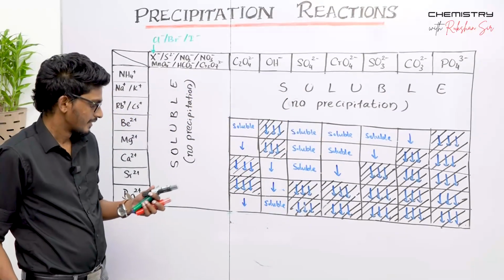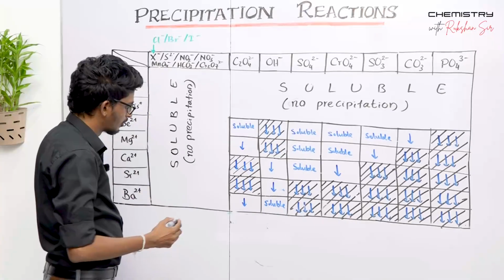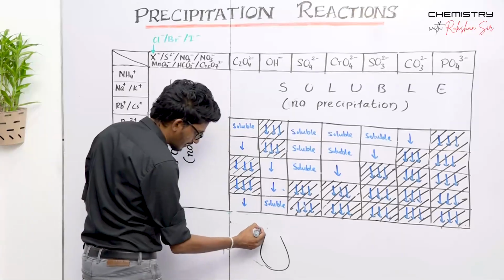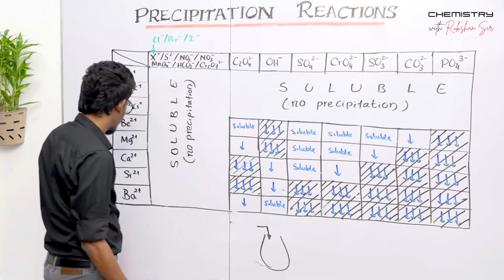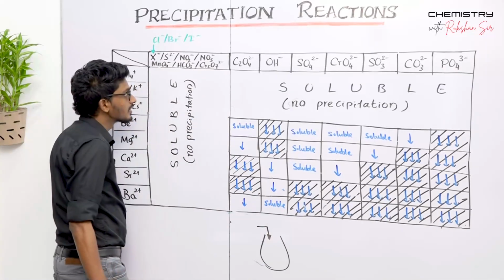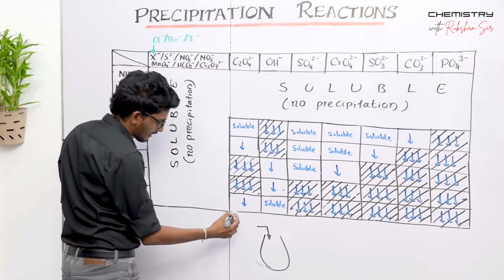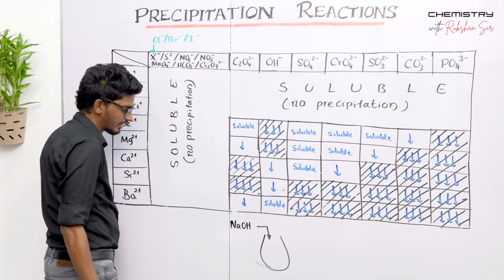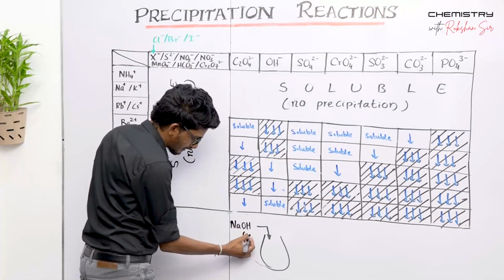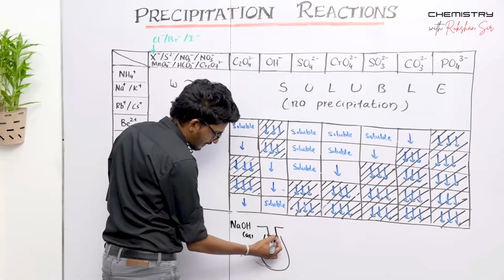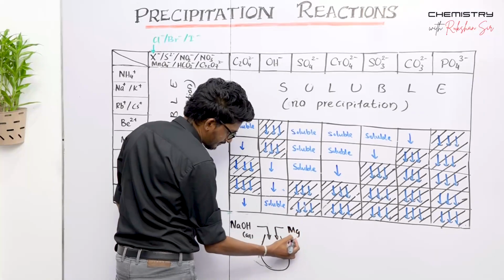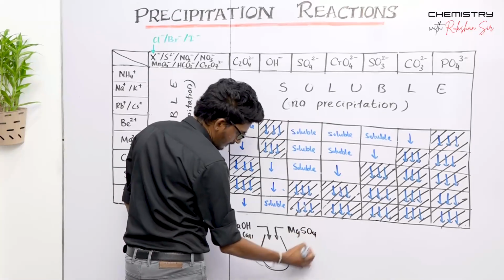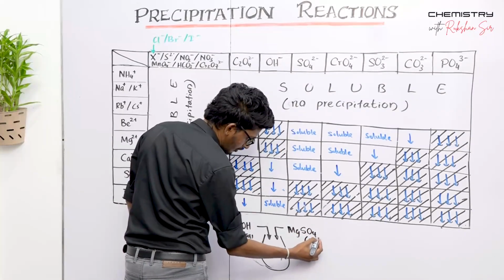right? See, if you have to mix some sodium hydroxide aqueous solution with magnesium sulfate, see what would occur, whether precipitation occurs or not.